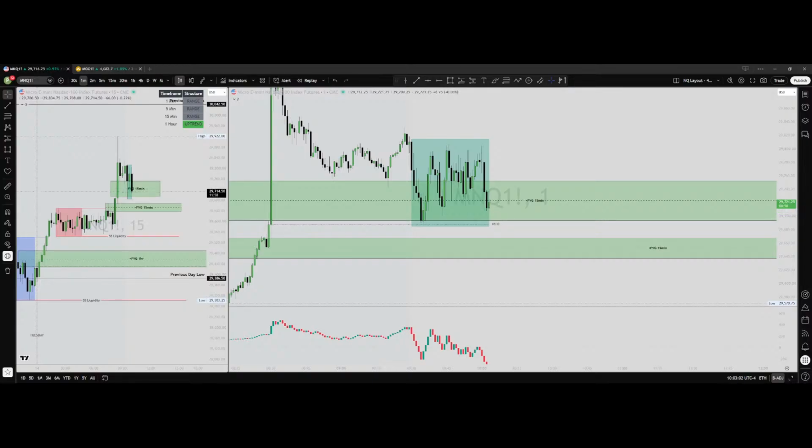Yeah, see, volume speaks. The same pattern is coming out. The issue here is that price action is messy.